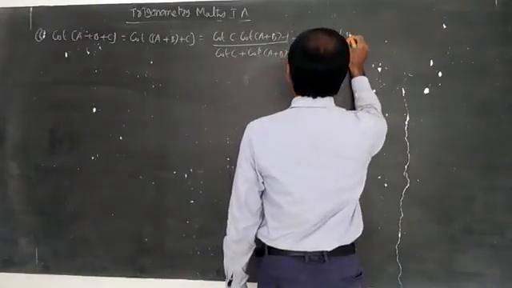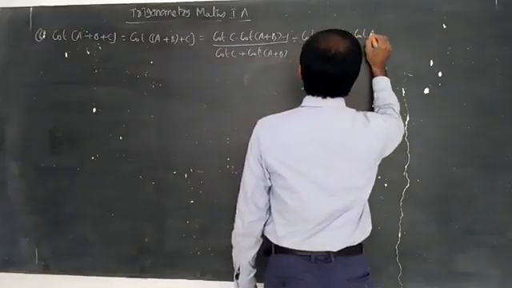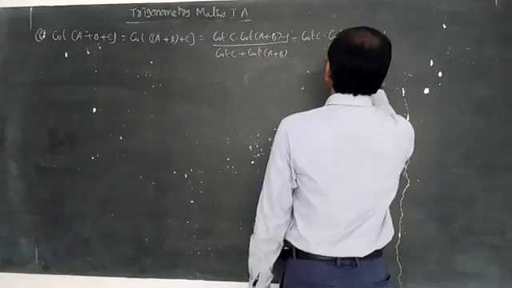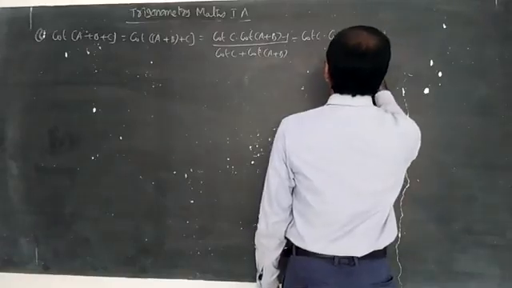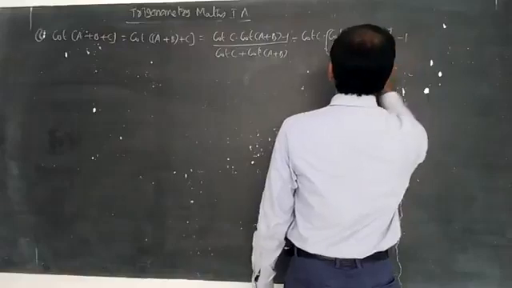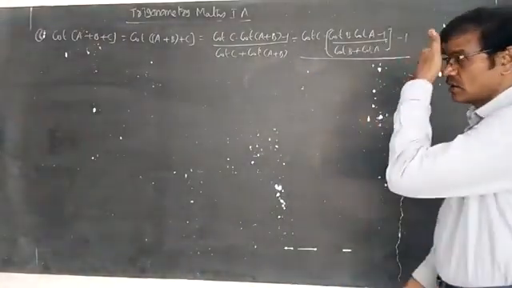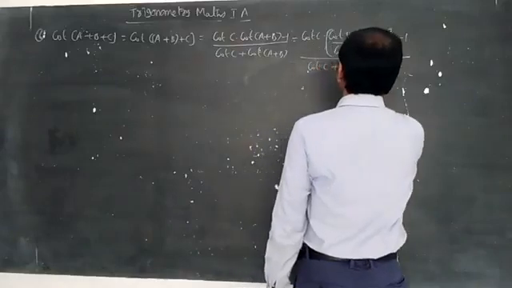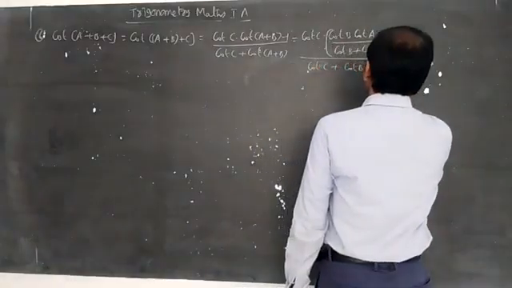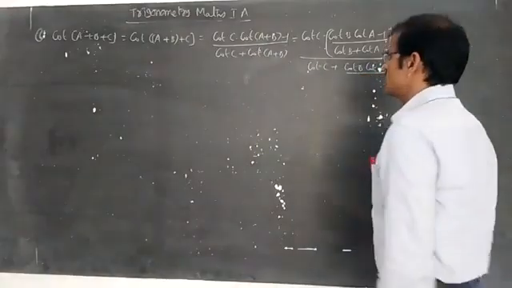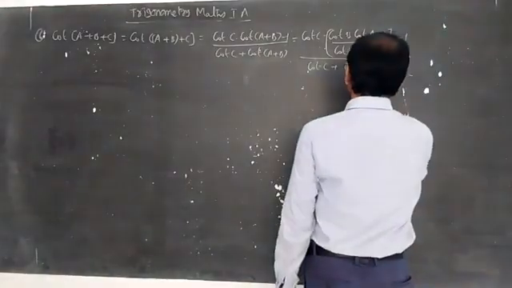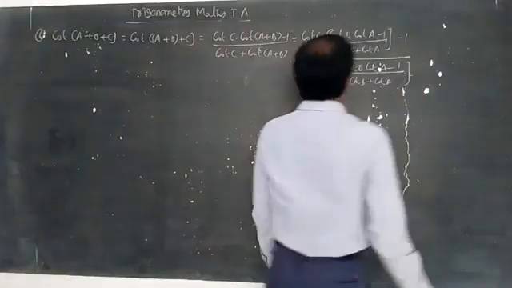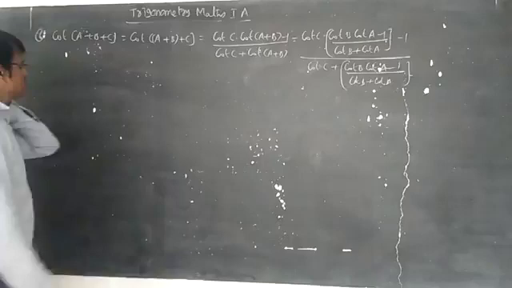Now you write the formula cot of A plus B as cot B cot A minus 1 by cot B plus cot A. Here only you write minus 1 whole by cot C plus, once again the formula cot B cot A minus 1 by cot B plus cot A. Now take LCM and multiply.